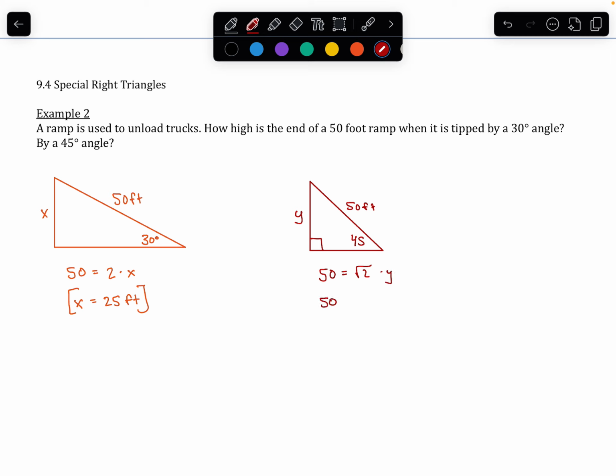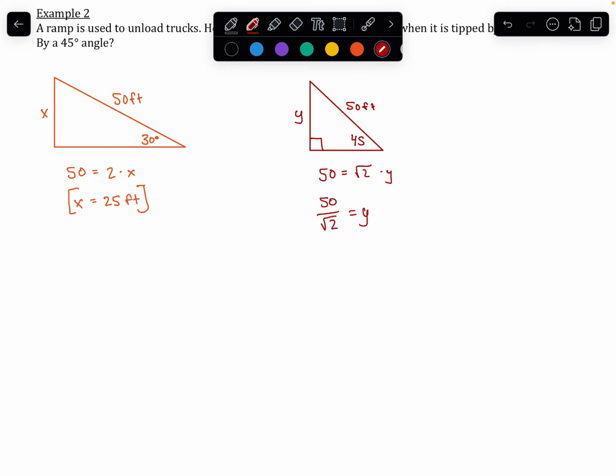So 50 over square root 2 equals y. Earlier I said I can just do 50 with square root 2 to the top and then remove the square root, so 2 equals y. 50 divided by 2 is 25. Square root 2 equals y.